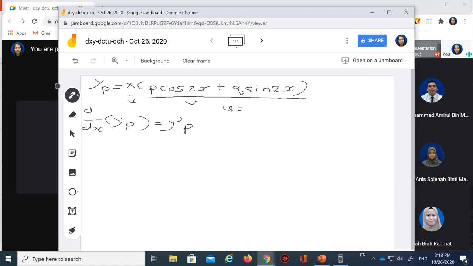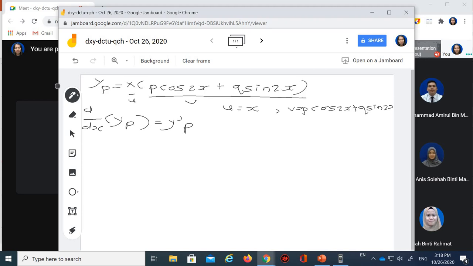u is actually x, and then v is actually p cos 2x plus q sin 2x.